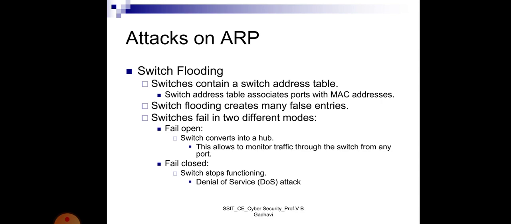Switches fail in two different modes, fail open and fail closed. Fail open converts the switch into a hub, which allows monitoring of traffic to the switch from any port. In fail closed, the switch stops all connected functioning. It is a denial of service attack.